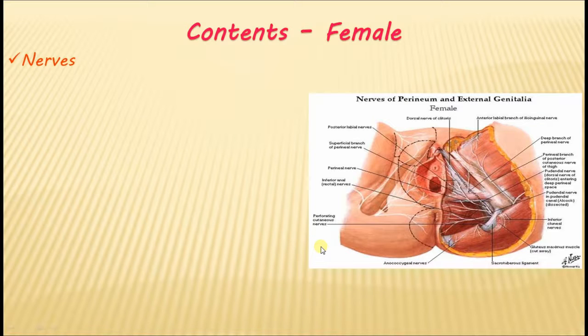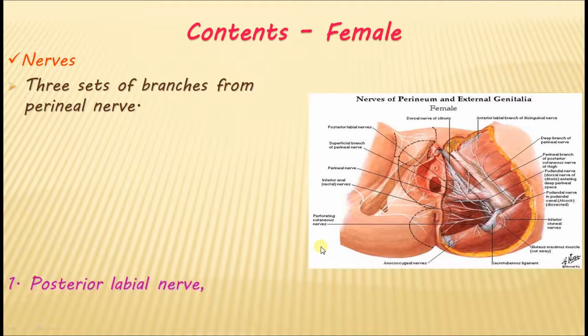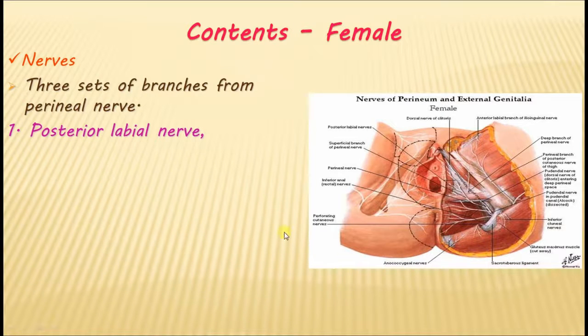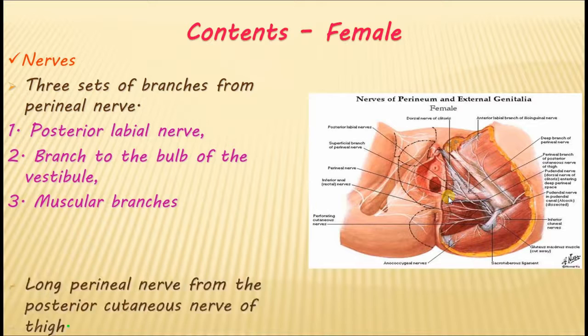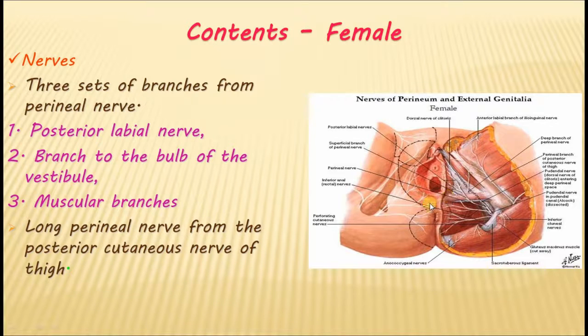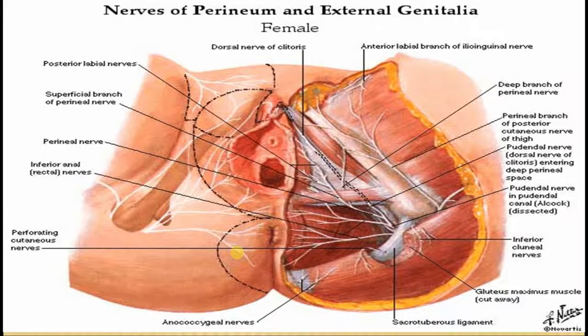Nerves, mainly in females, consist of the labial nerves, posterior scrotal in the case of males. Then you have the nerve to the bulb of the vestibule. Muscular branches go to the superficial muscles present in the superficial pouch: ischiocavernosus, bulbospongiosus, and the superficial transverse perineal. Then the perineal branch from the posterior cutaneous nerve of the thigh, so it is actually a perforating branch.